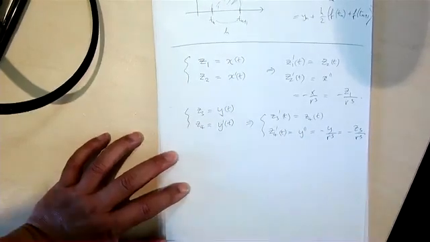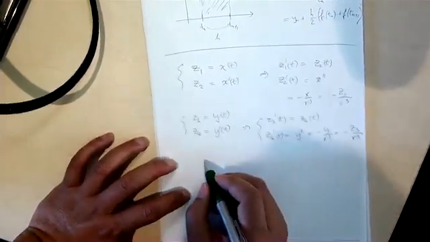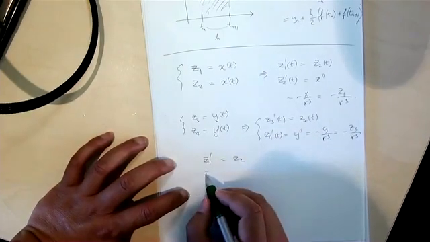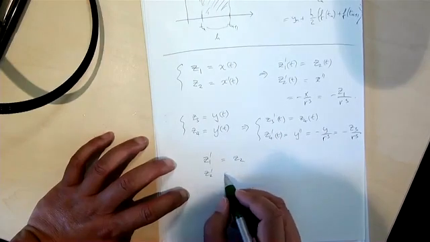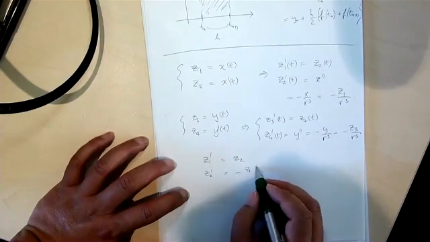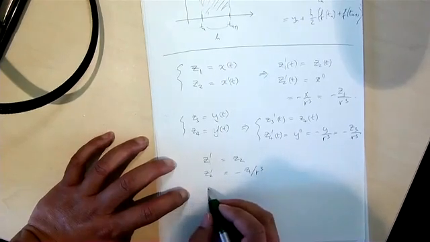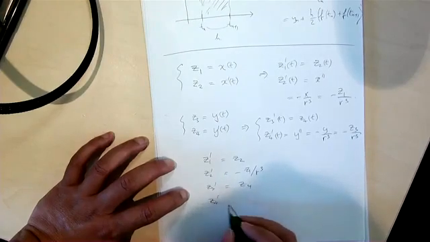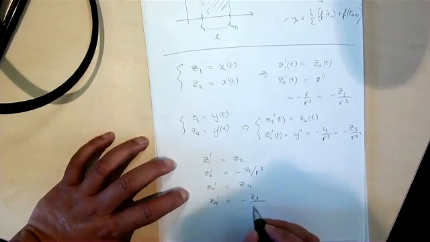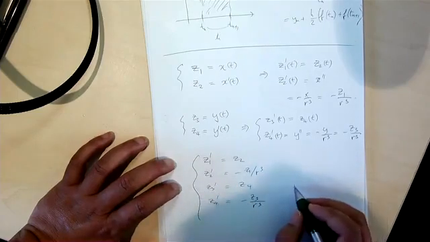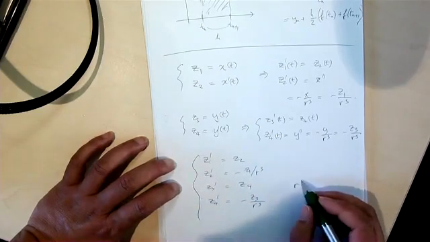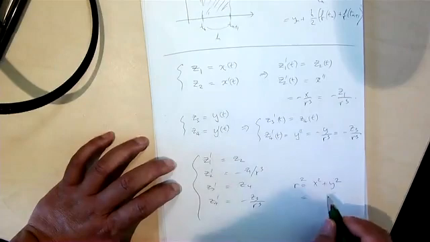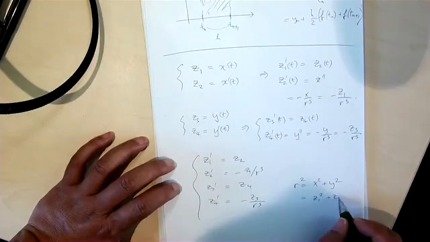So now you combine all the equations: z1 prime equals z2, z2 prime equals minus z1 over r cubed, z3 prime is z4, and z4 prime equals minus z3 over r cubed. So what is r? r squared is x squared plus y squared, but in terms of z, it's just z1 squared plus z3 squared.